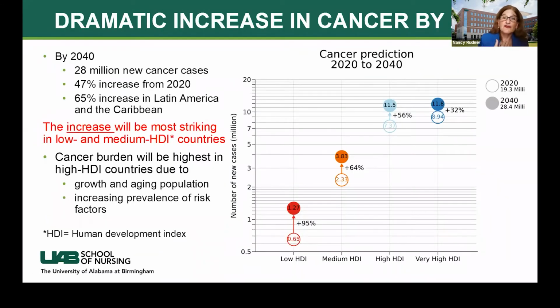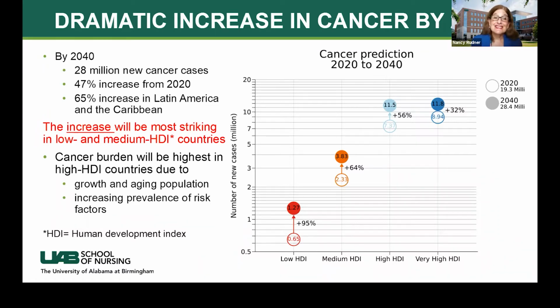We expect a dramatic increase in cancer by 2040. By 2040, we will have 28 million new cancer cases. That's a 47% increase from 2020, 20 years earlier.